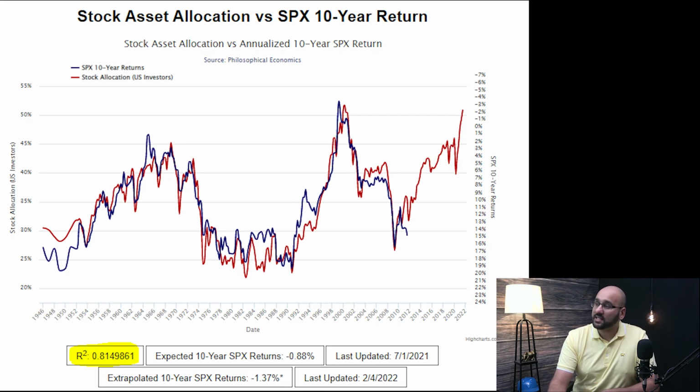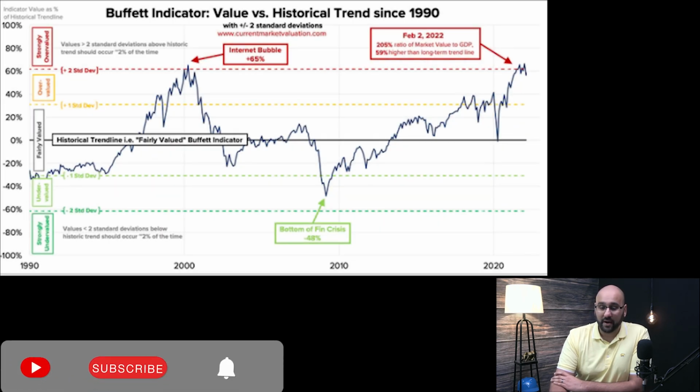Now, what's interesting about this chart is you can see that the R squared, the predictive value of the chart, is 81%, almost 82%. So it's a really good predictor of future performance, but it can be wrong over time. That being said, it is running in line with another chart that a lot of us value investors like to look at, which is the Buffett indicator.